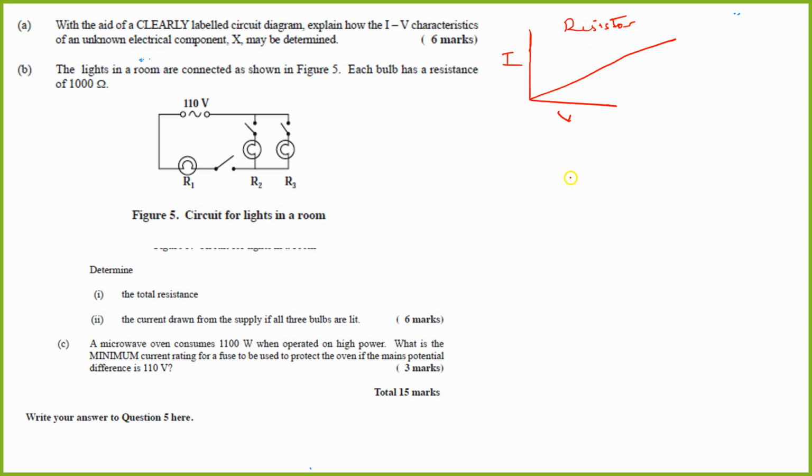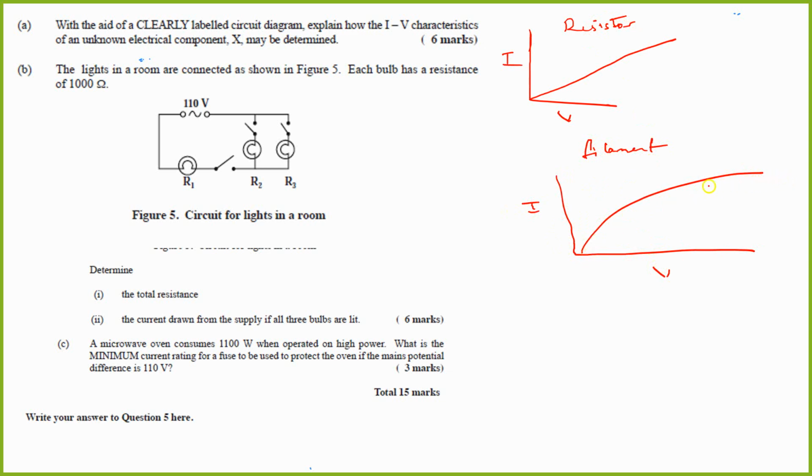There are other components such as a lamp, a filament lamp. The IV graph for a filament lamp would look something like this, right? So it does not have a linear shape to it.